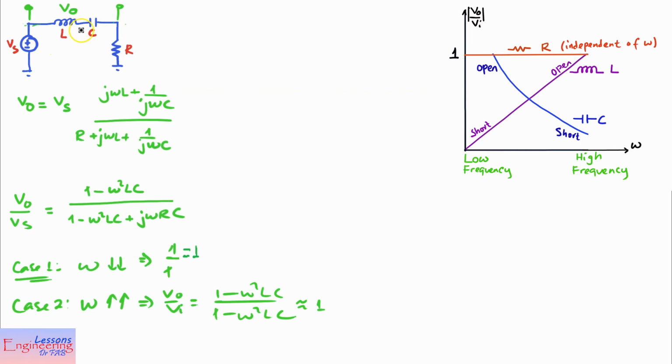At high omegas, the inductor acts as an open circuit, but the capacitor acts as a closed circuit. So again the total effect is still an open circuit, and the voltage across these terminals, V0, is approximately equal to Vs. So in both cases we have high dissipation of voltage, output equal to voltage source.